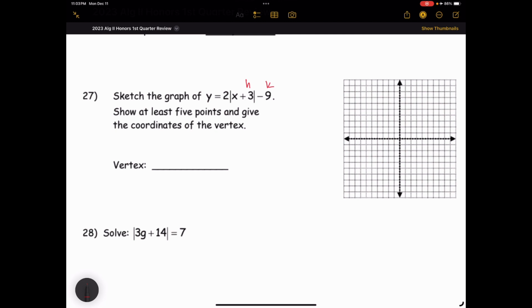So inside always lies. So negative 3, because it's x plus 3. And the outside, we take as is: minus 9 will be negative 9. So the vertex is going to be (-3, -9). So here's (-3, -9).